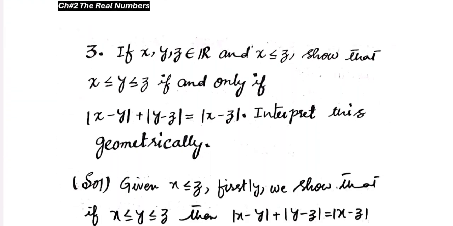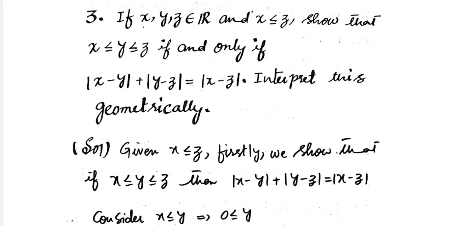Question number 3 says: if x, y, z are 3 real numbers and x is less than or equal to z, show that if we insert a number y between x and z, such that x is less than or equal to y, and y is less than or equal to z, if and only if this holds, the sum of these two distances is equal to this distance: the absolute value of x minus y plus the absolute value of y minus z is equal to x minus z.